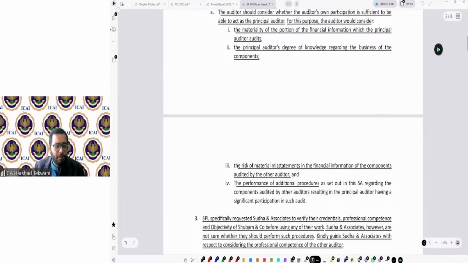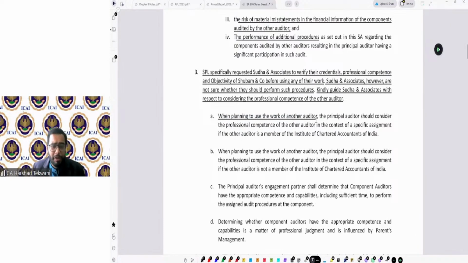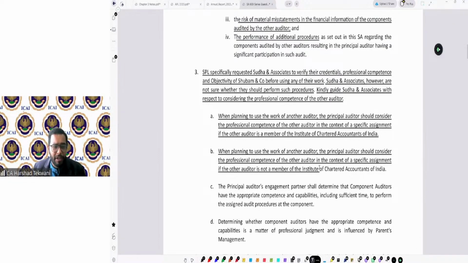So I'll give you the options. Options are: when planning to use the work of another auditor, the principal auditor should consider the professional competency of the other auditor in context of a specific assignment, if the other auditor is a member of the Institute of Chartered Accountants of India. When planning to use the work of another auditor, the principal auditor should consider the professional competency of the other auditor in context of a specific assignment.